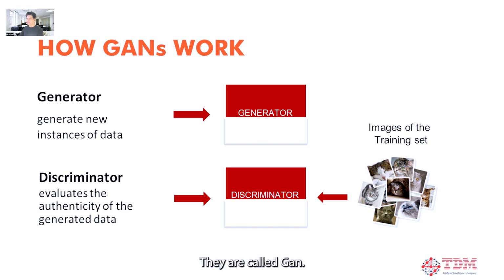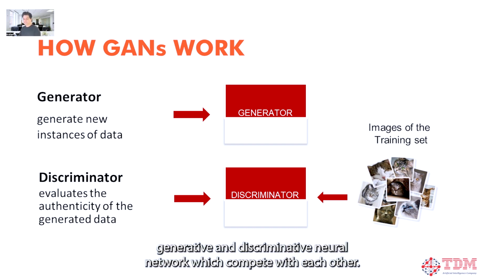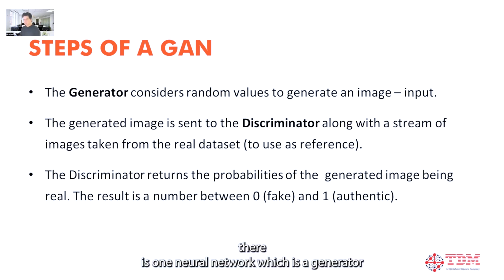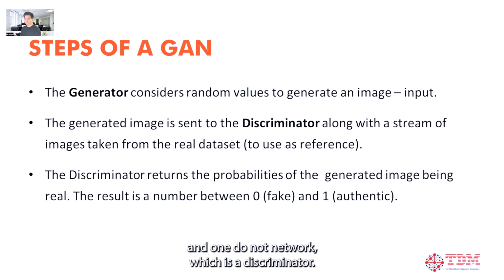So let's understand the fundamentals behind this technology. They are called GANs. GANs are generative and discriminative neural networks which compete with each other. The basic function of a GAN is that there is one neural network which is a generator and one neural network which is a discriminator. The generator takes a random value as an input, and the discriminator is trained to know whether that input is true or not.